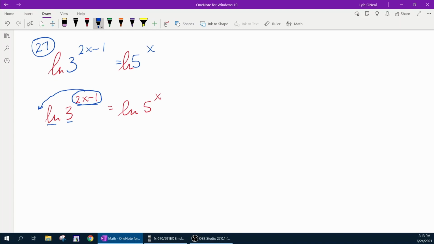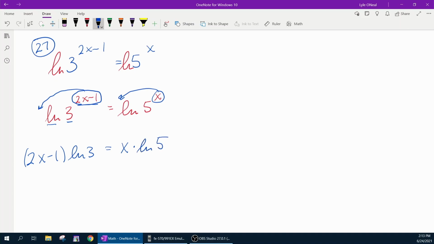That is one technique here we can use to get the variable out of the exponent position. And that's going to work on the other side as well. Using the power rule, that's going to give us 2x minus 1 times natural log of 3 equals x times natural log of 5.